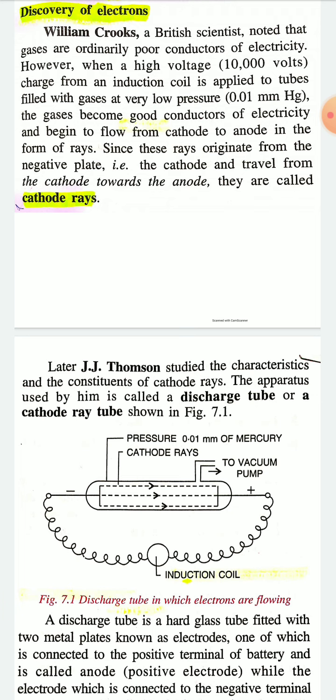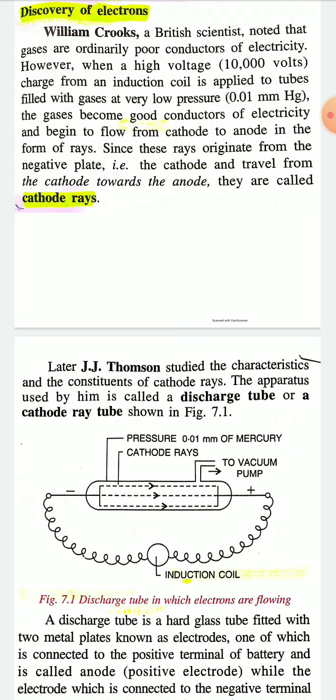Later, J.J. Thomson studied the characteristics and the constituents of cathode rays. The apparatus used by him is called a discharge tube or a cathode ray tube, which looks like this. A discharge tube is a hard glass tube fitted with two metal plates known as electrodes.